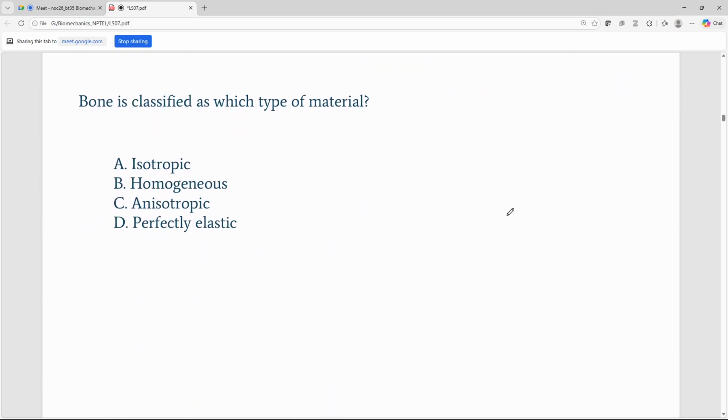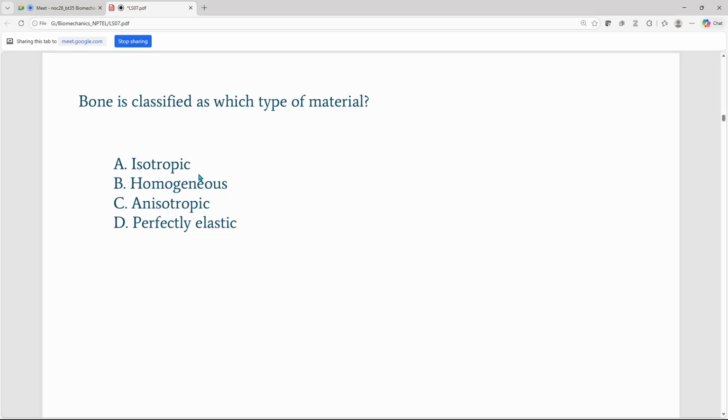Next question. Bone is classified as which type of material? So from a mechanical point of view, what is the type of material that bone is considered to belong to?